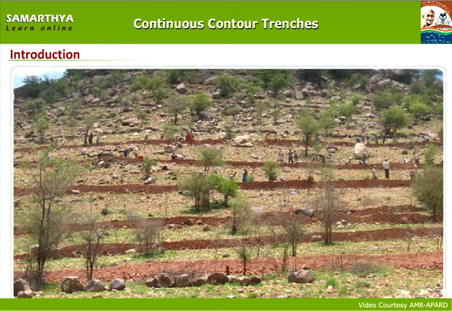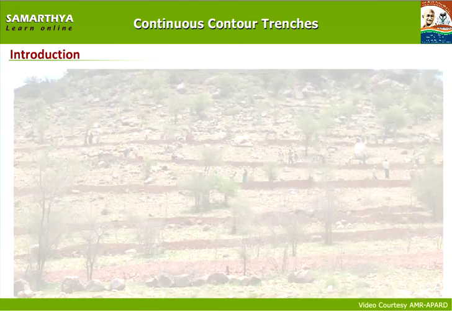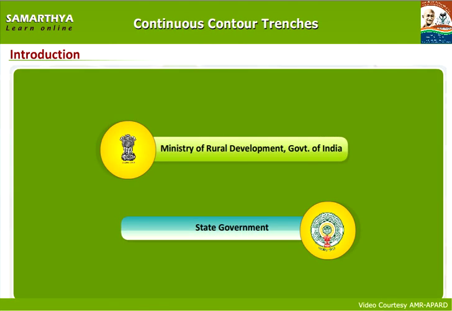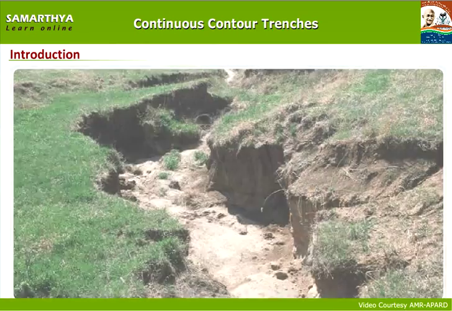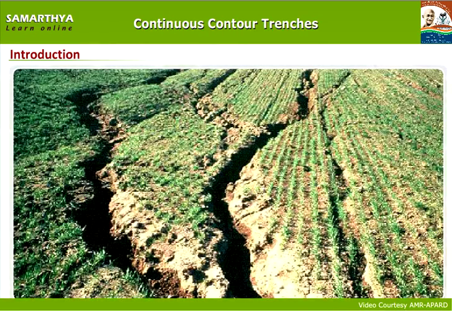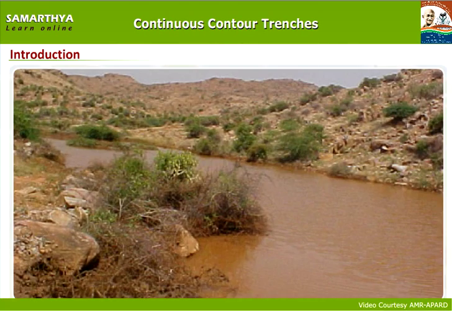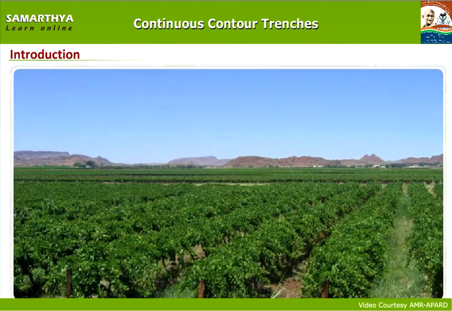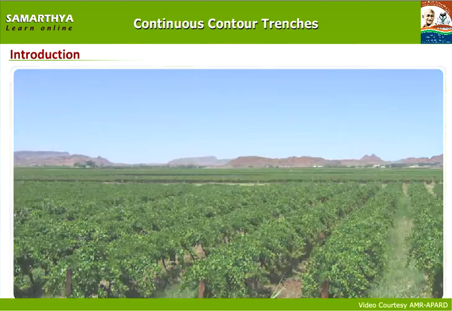So, the continuous contour trenches of the Mahatma Gandhi National Rural Employment Guarantee Scheme are all about avoiding soil erosion, increasing the fertile land, increasing the soil moisture, and creating a suitable atmosphere for growing trees, which helps in protecting our environment.